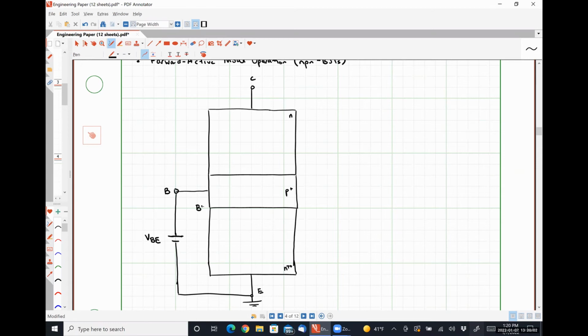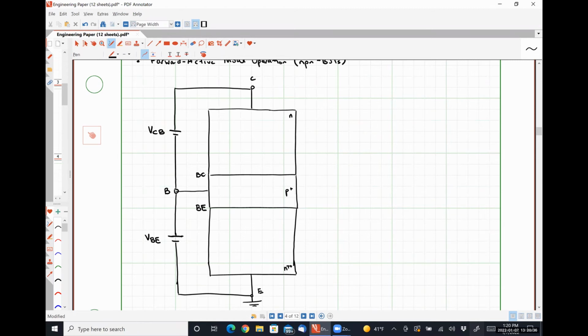So I'm going to call this right here BE to let us know this is the base emitter junction that I'm talking about. And over here, I'm going to have a voltage VCB, which is the bias voltage for the collector base junction. Okay.